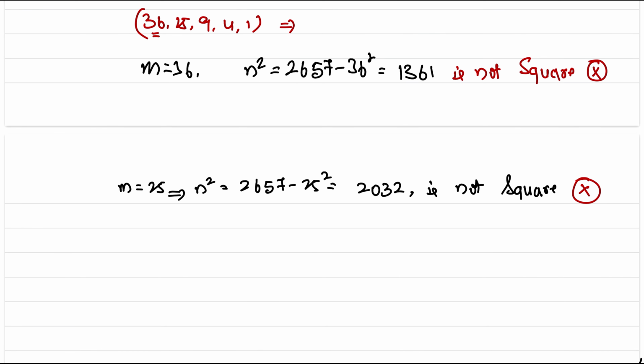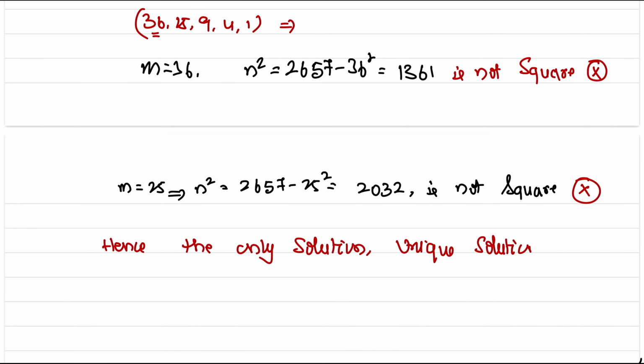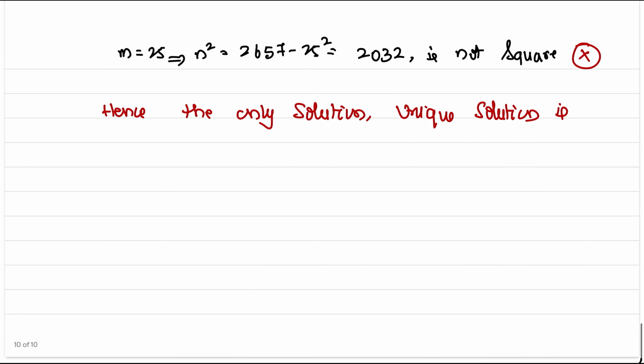Hence, the only unique solution: m and n are interchangeable. So don't worry about either a, m or n.